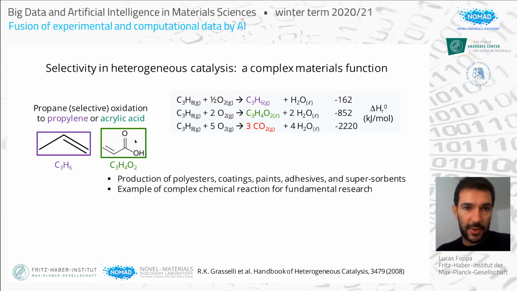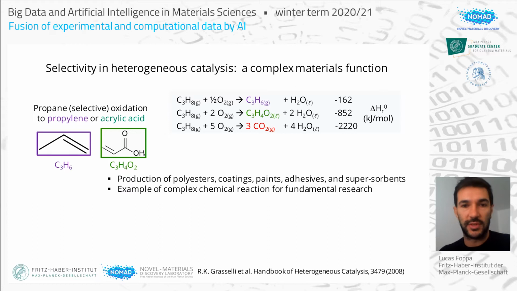So why do we care about this acrylic acid? This molecule is used for the production of polyesters, coatings, paints, adhesives, and superabsorbents used in diapers, for instance. So there are a lot of applications, and you can see from the way the molecule looks, we have this double bond here and this acid function.